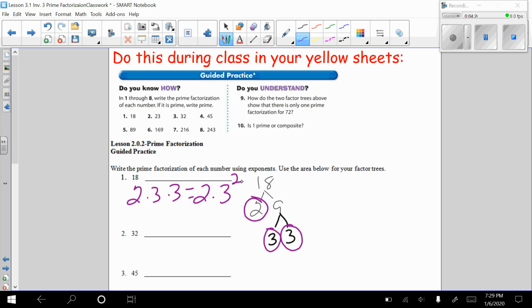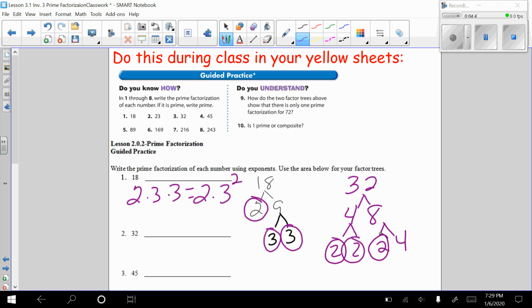Here's the next one, 32. Again, 32 is the top of my tree. Break it down: what can I multiply together to get 32? Well, I know that 4 times 8 gives me 32. I also know that 4 and 8, neither one's prime because I can multiply more than just 1 and itself. 4 breaks down into 2 times 2. 2 is a prime number, circle it. 8 breaks down into 2 times 4.